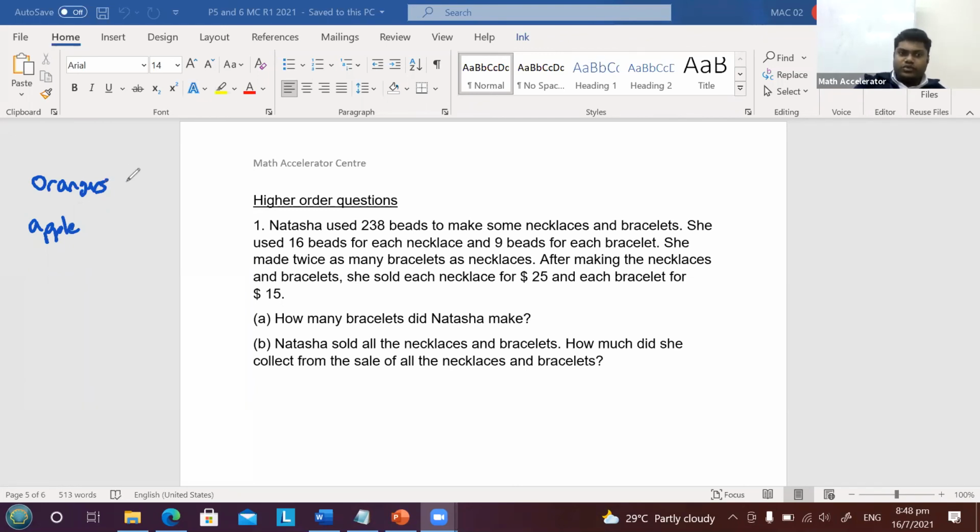If I say there are 2 times as many oranges as apples, what is the minimum possible number of oranges and apples?